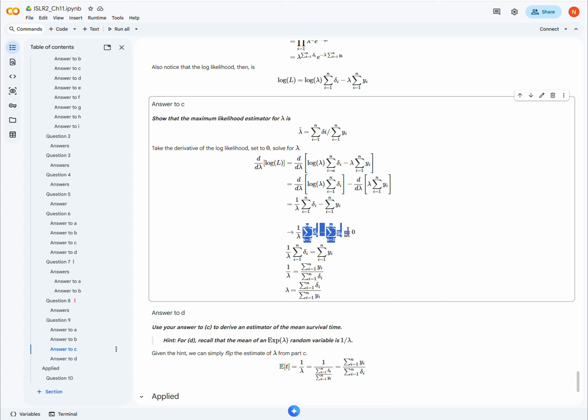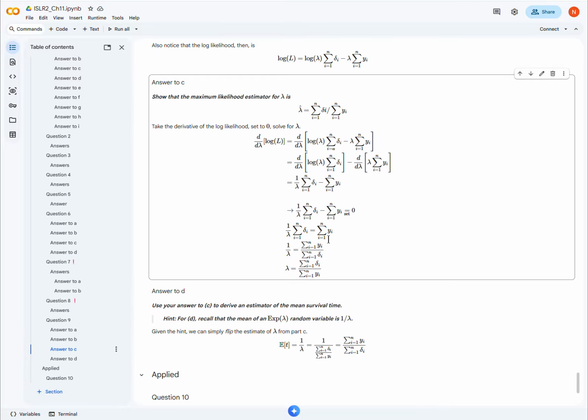From this expression, it becomes pretty clear how we get a solution suggested by the question. We subtract, divide the sum of the y_i by the sum of the deltas, and that gives us 1 over lambda. If we want lambda, then we just reverse the fractions, and we come out with this, which is what we were meant to show.